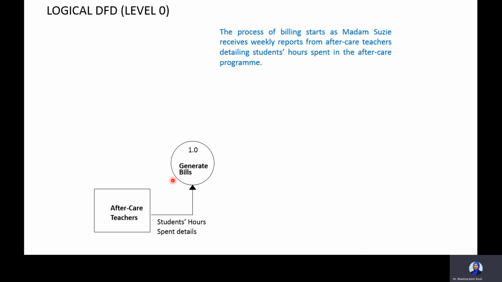Madam Susie, who uses the system, will generate the bill. So we put 1.0 to show the first process, and a verb to show the process. The first one is generate the bill.